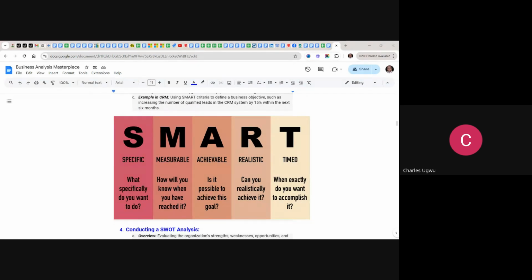That is what you must understand. What are they trying to do? Like in a CRM system, they want to use it to capture a number of qualified leads. So in their enterprise resource planning, what are they planning to use it to do within a period of time?